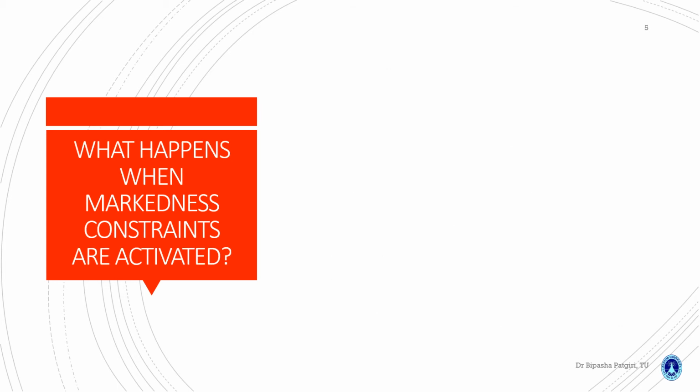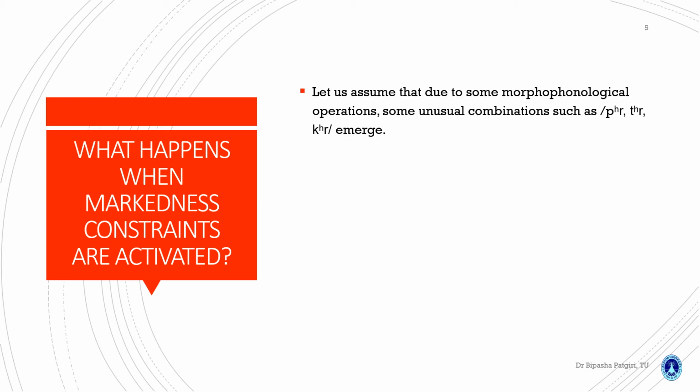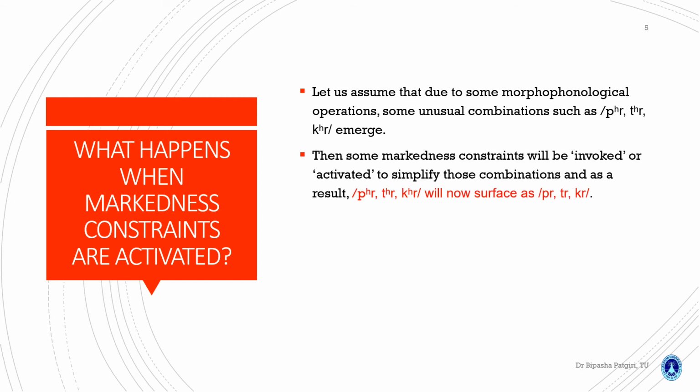What happens when markedness constraints are activated? So we have seen that if there is no markedness constraint, all the 625 combinations will surface. But that is not allowed because of certain constraints on the markedness side. Let us now assume that due to some morphophonological operations, some unusual combinations such as fra, thra, khra emerge.